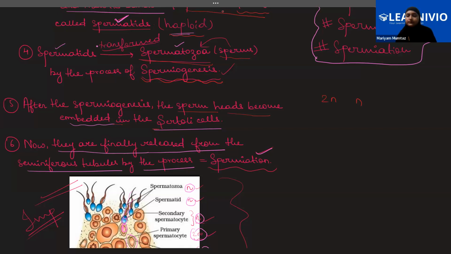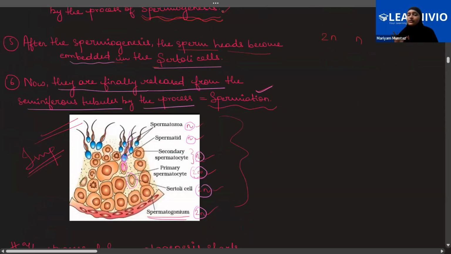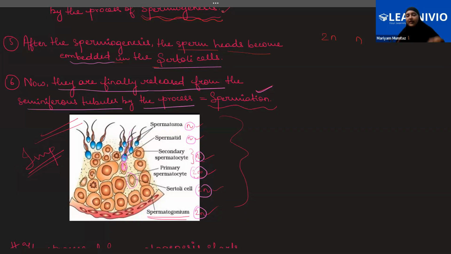Inside. Very good. Now, after spermiogenesis has been done, their heads will get attached, like how we put things in a socket. Same way, the head of the spermatid will get attached onto the Sertoli cells.